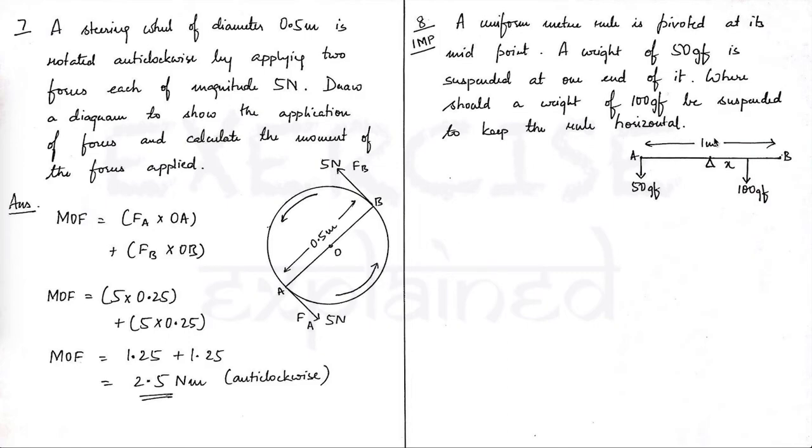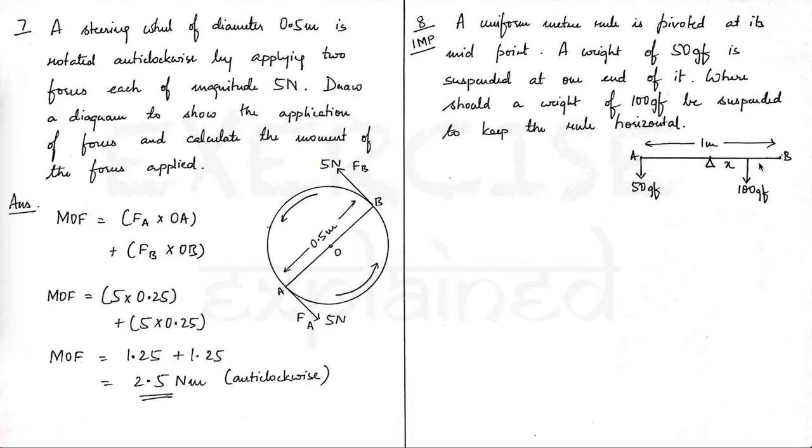So in order to keep it balanced, we have to put this 100 gram force somewhere on the right side. So this is a total common sense thing which you should understand, and you should apply your logic there. So 100 gram force definitely has to be on the opposite side.